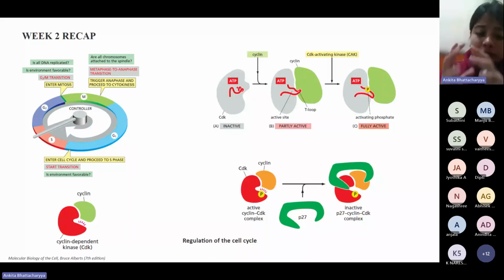So at this step, during metaphase, each and every sister chromatid must be bound by a spindle from either end. In case that does not happen, it also leads to all of those diseases that I just talked about.